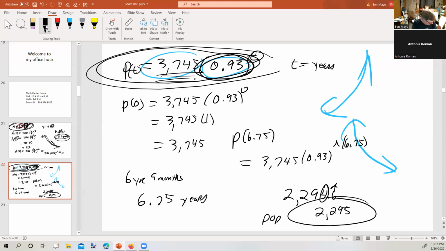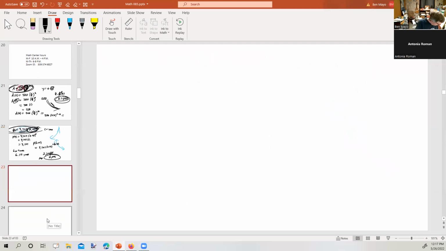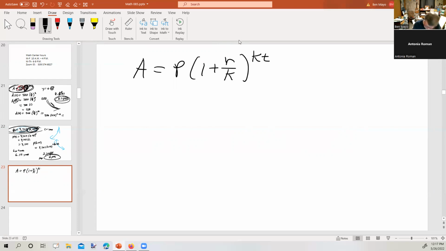Okay. Yes. All right. We're going to look at the formula called the compound interest formula. And what that looks like is this. P stands for the principal, so that's the amount invested or the amount borrowed.